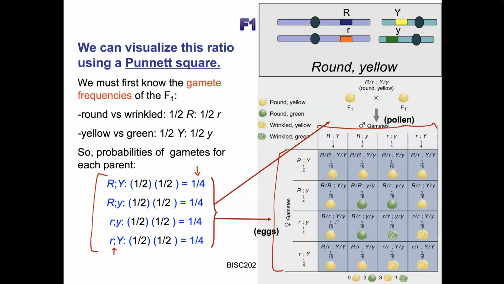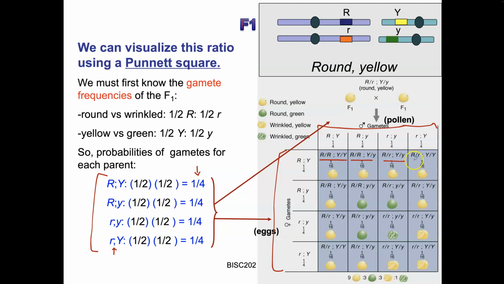And when you do that, you can actually then figure out what the phenotypes are. And this ratio is an important one for you to remember, but then to be able to explain how it comes about. So the ones that are going to have both dominant traits, we can identify.